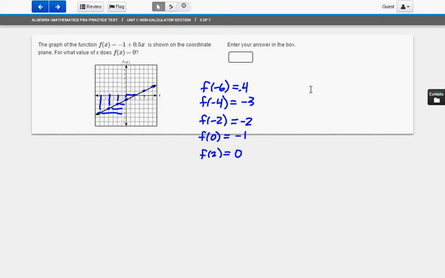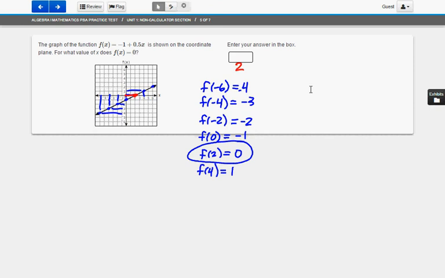And f of 4 is equal to 1. So just looking at the graph, I can see that f of x at 0 corresponds with 2 on the x-axis. So if I'm entering a solution, I'm going to enter a 2 in that box.